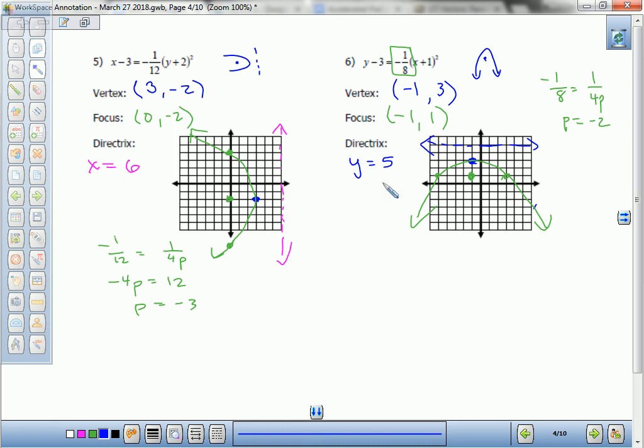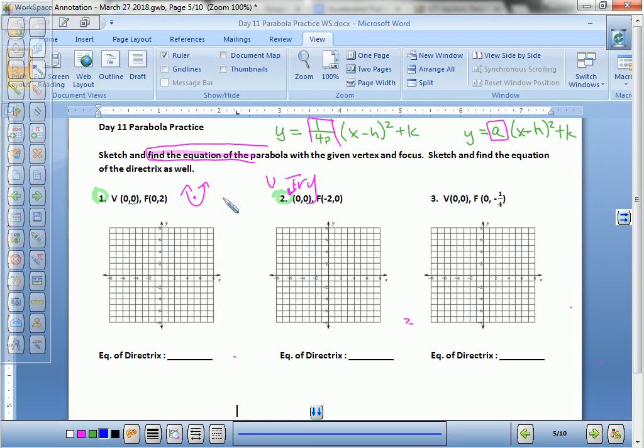Okay, so today we're still working with the parabola, and I'm just going to take some problems off the worksheet you guys picked up as you came in. If you didn't, they're still over there on the bookshelf.